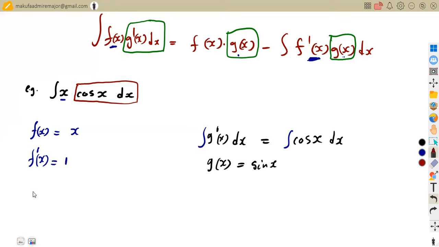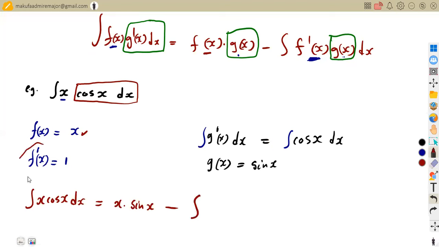So we are saying the integral of x cos of x with respect to x is going to be equal to f of x. We got our f of x, we said it's x times gx, which is the integral of cos x, the one that we got here. So we're going to multiply by the sine of x, minus the integral of f prime x.